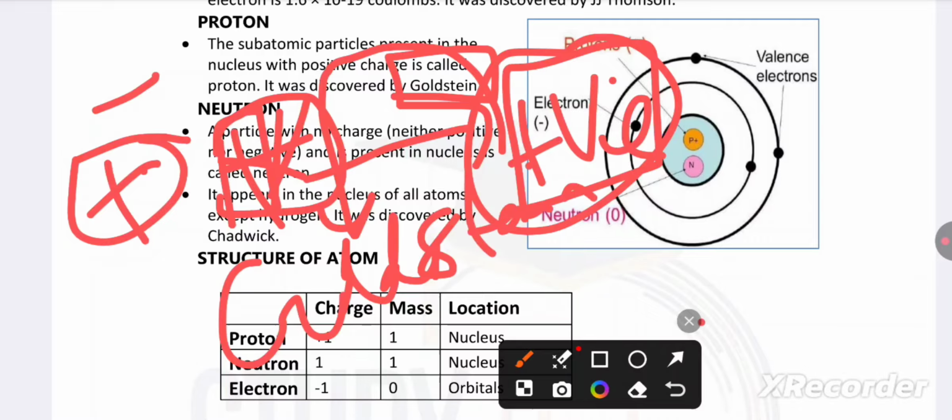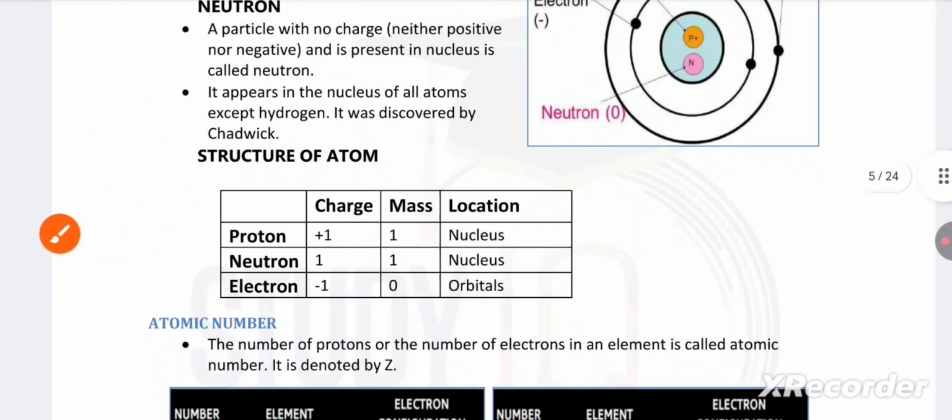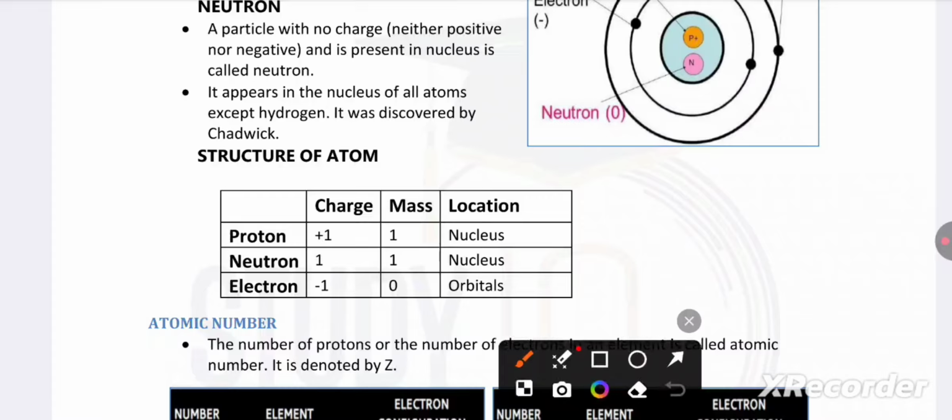Neutron has no charge, it is neutral in nature. It appears in the nucleus of an atom except hydrogen.